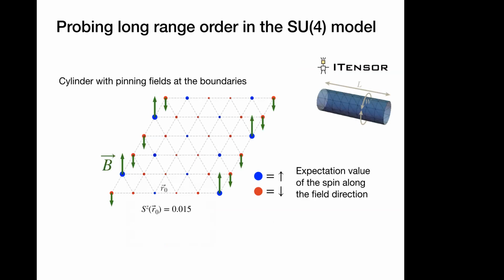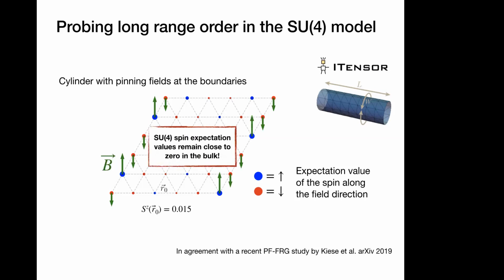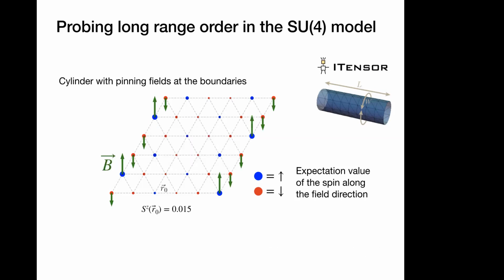Here we're considering finite cylinders, and to probe whether this long-range magnetic or SU(4) magnetic order is present in the quantum limit, we put some pinning fields at the boundaries to facilitate the formation of the long-range order, and then probe the expectation values of the spins in the bulk.